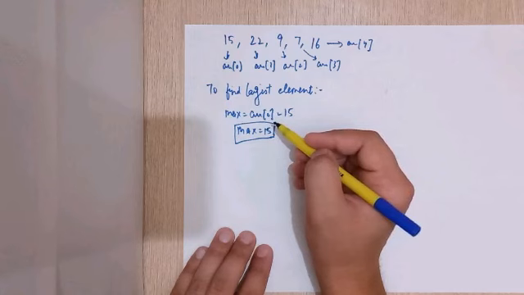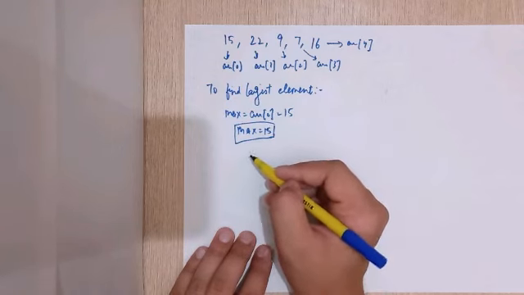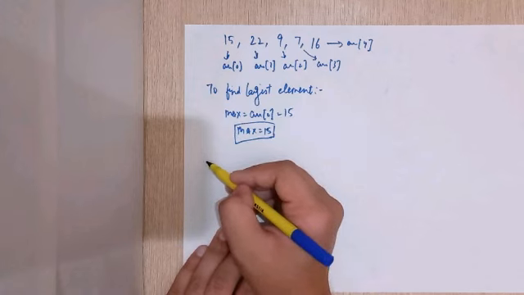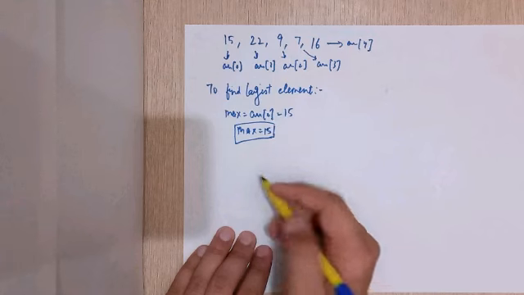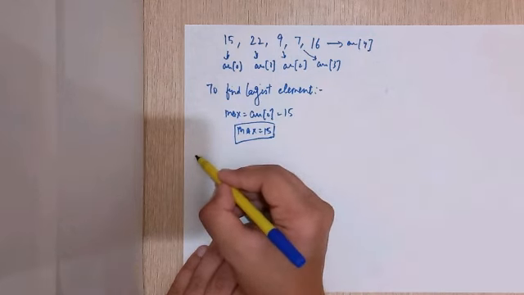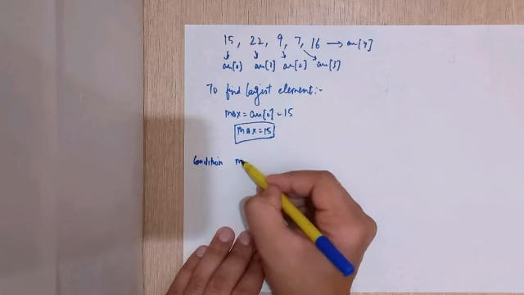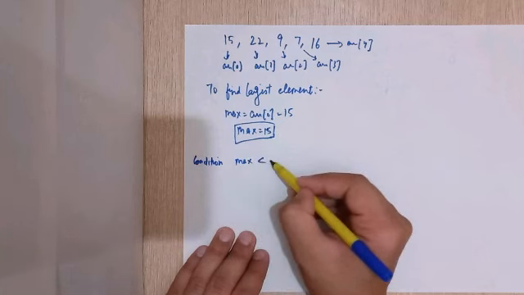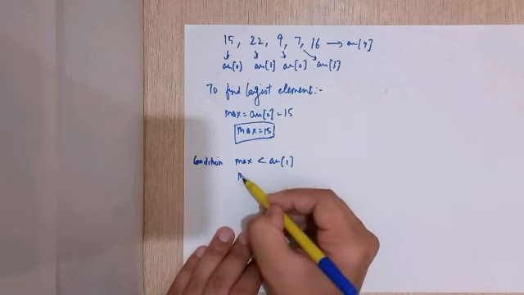Now in the program we have used a for loop, in which we have put the condition that if the value of max is smaller than the second or third element of the array, then the value of max will be changed. So here we will use the condition: if the value of max is smaller than the second element of the array, then the value of max will be changed.